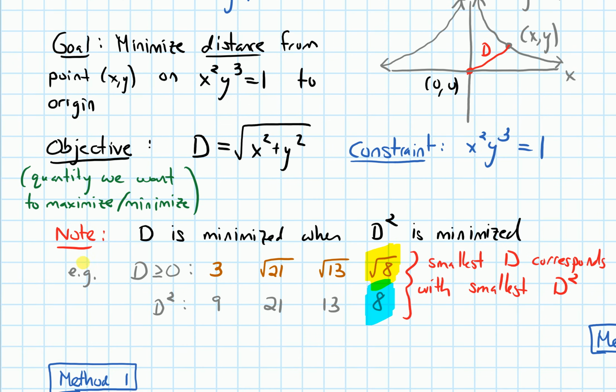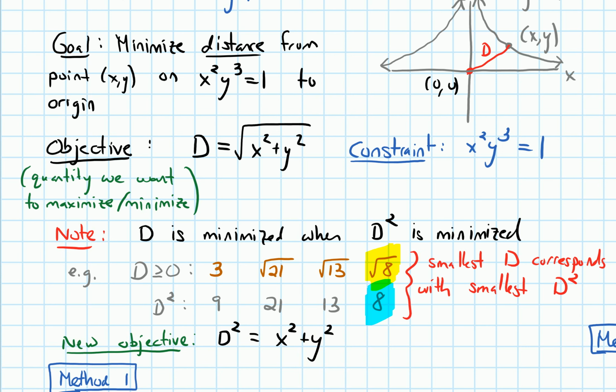The key takeaway is that if I'm trying to minimize this square root function, we might as well square it, look at the inside of the square root, and minimize that. I'll call this the new objective. If I square both sides, I get d squared equals x squared plus y squared.